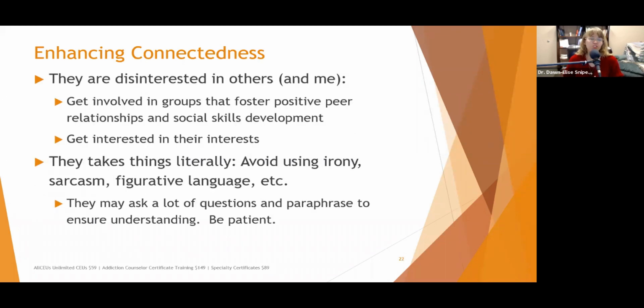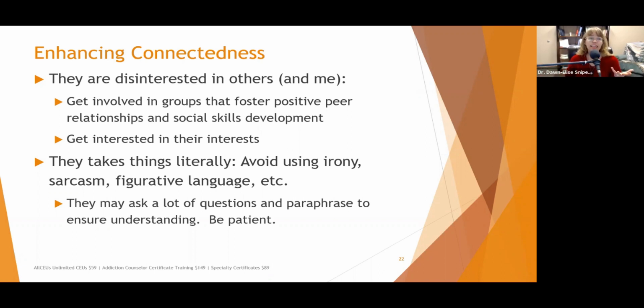If they're disinterested in others and the caregivers, encourage caregivers to get involved in groups that foster positive peer relationships and social development for the whole family, and get interested in their interests. It's important. You're going to have to go to them. A lot of times, at least initially, they're not going to come to you.